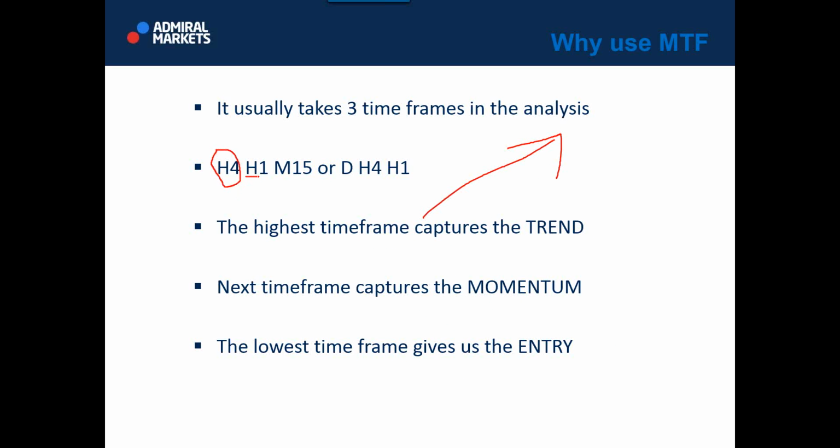So the 1 hour time frame captures the momentum. If the trend is to the upside, momentum needs to be to the upside on the lower time frame. It still needs to be bullish. And if you want to capture the exact entry, you need to zoom into a lower time frame and cherry pick the entry.